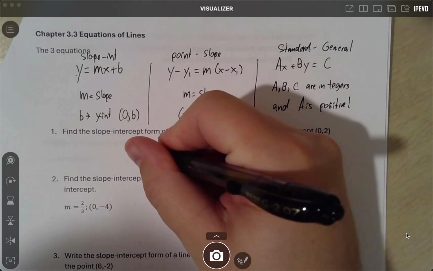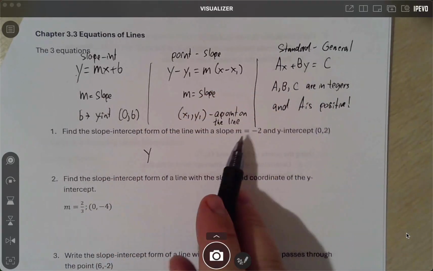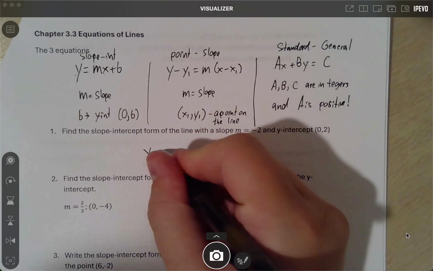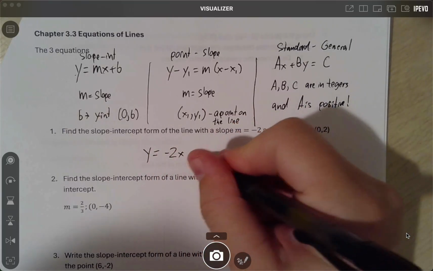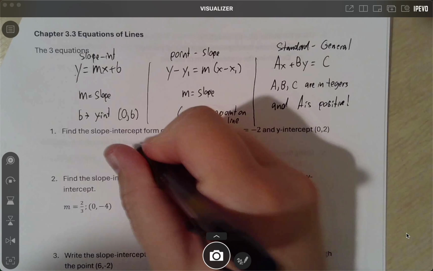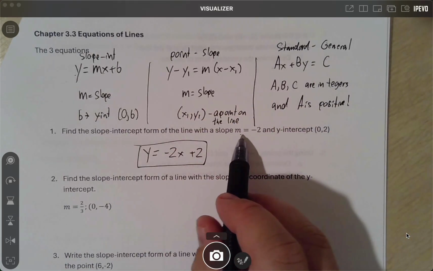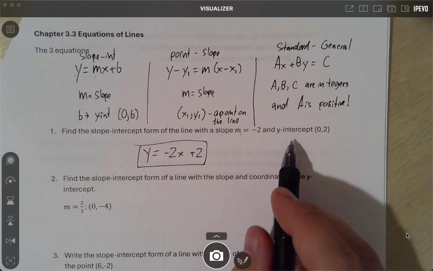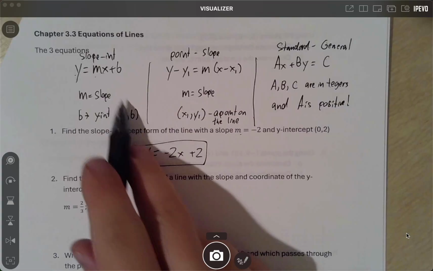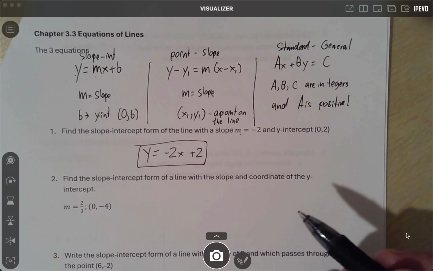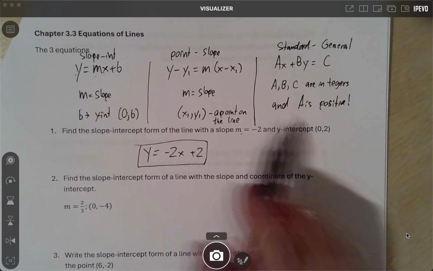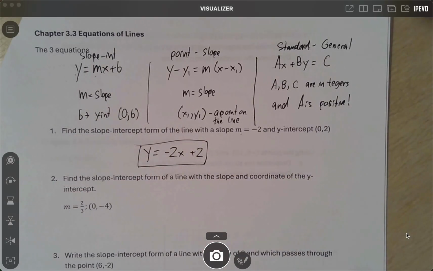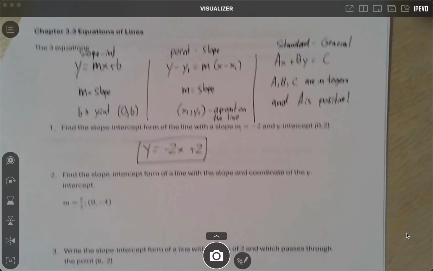Now it's super easy to write a slope-intercept equation when you know the slope and the intercept. So really, that's it. My slope, m, is -2, plug it in. My y-intercept is 2, so plug 2 in at the end. Done. So when you have the information that corresponds to a given name, it should be pretty easy to plug it in. That's why we give them those names.